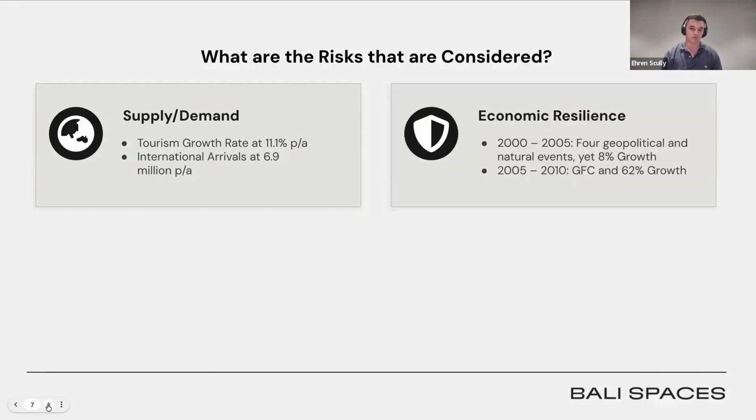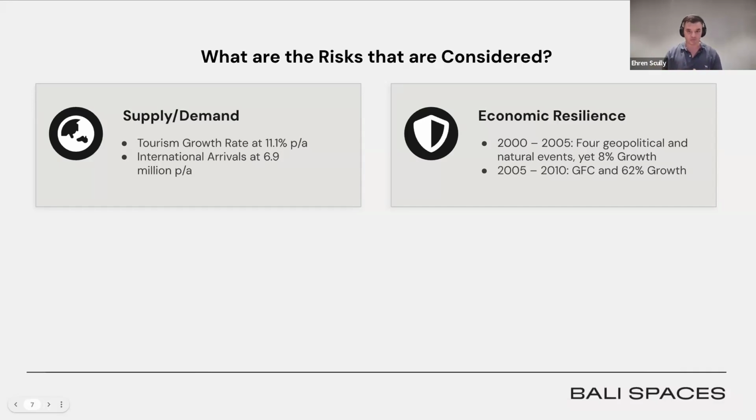The next big question I asked myself was about how Bali would weather a geopolitical event that could ultimately influence the economy. And I found a really great example for this was between the 5 years of 2000 to 2005, in which we had the 9/11 attack in 2001, with the 2002 Bali bombing, in 2004 with the Boxing Day tsunami, and then with the second Bali bombing.